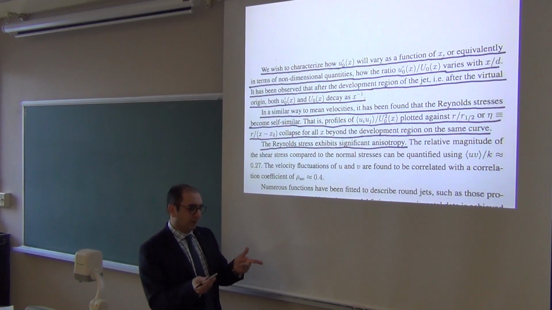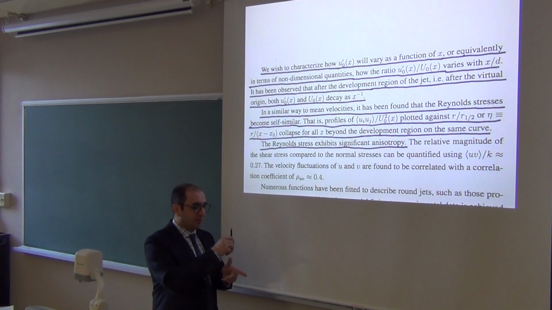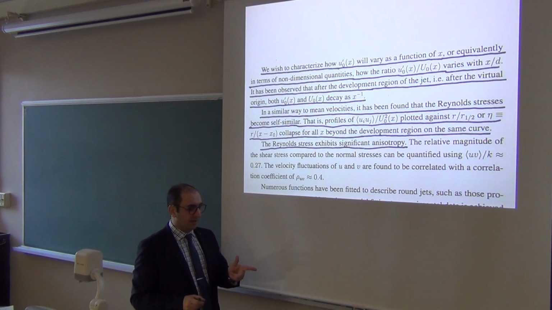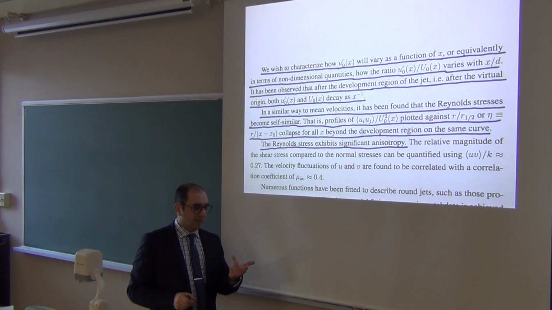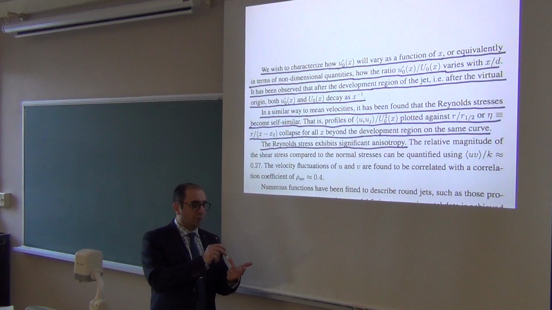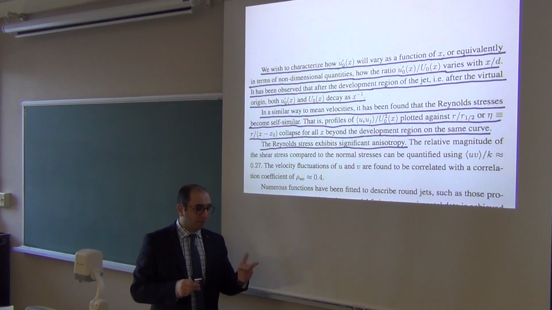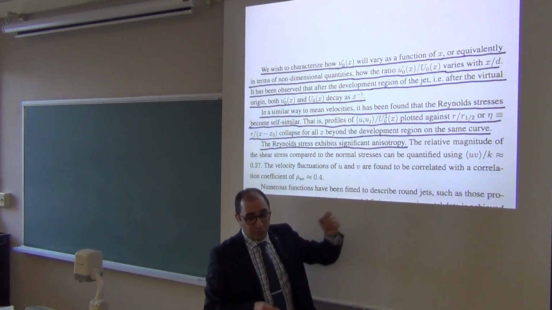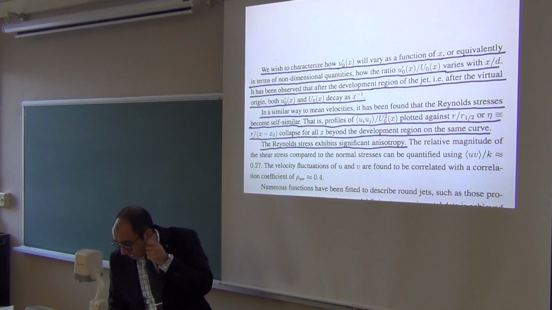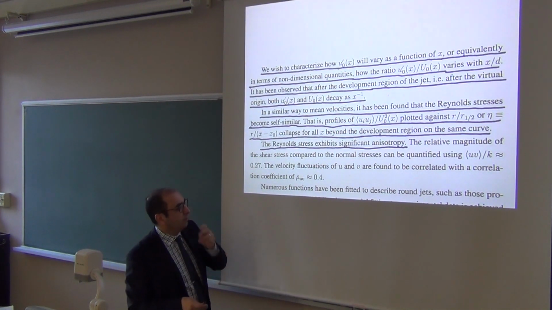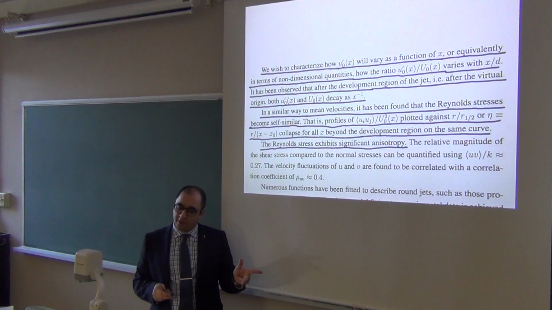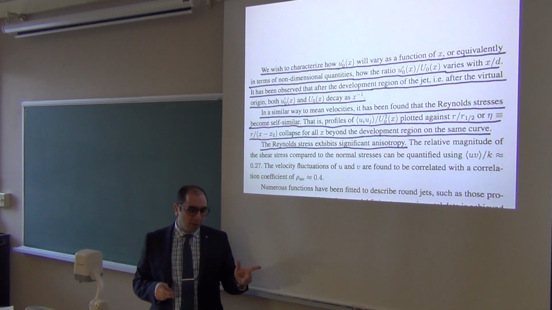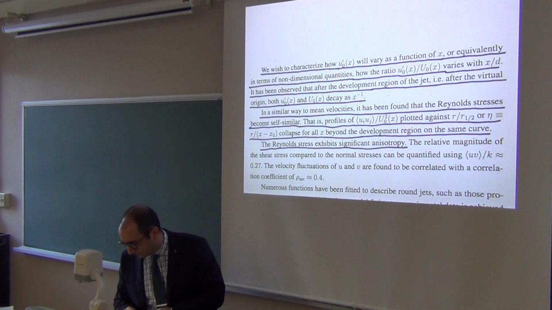This could be U squared, V squared, W squared, or any combinations. We told you if you rotate the coordinate system, you might measure different components of the Reynolds stress. In the same flow, if you rotate the coordinate system, you measure different components. If that is not so, you have an isotropic flow. And here I'm saying that jets are extremely anisotropic. So the fluctuations vary quite significantly given the direction.